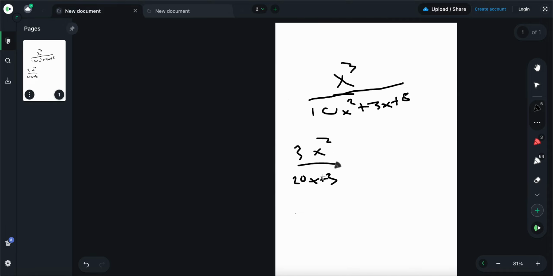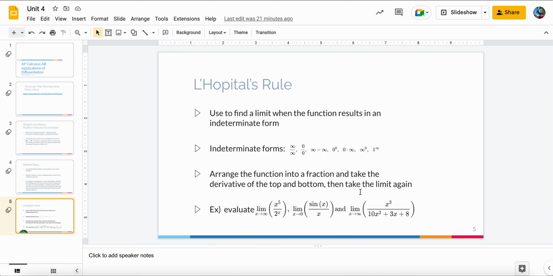We'll take the derivative one last time. 6x over 20. The 3 derivative evaluates to 0. 6x over 20 is infinity divided by 20, which still evaluates to infinity. So we can say that this limit approaches infinity.